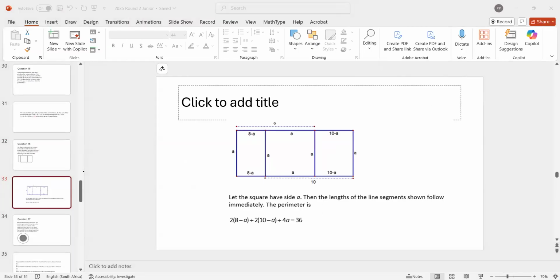Oh, 36. So what happened there? Somewhere I got a wrong calculation. Maybe I didn't end at the starting point. Okay. Sorry.